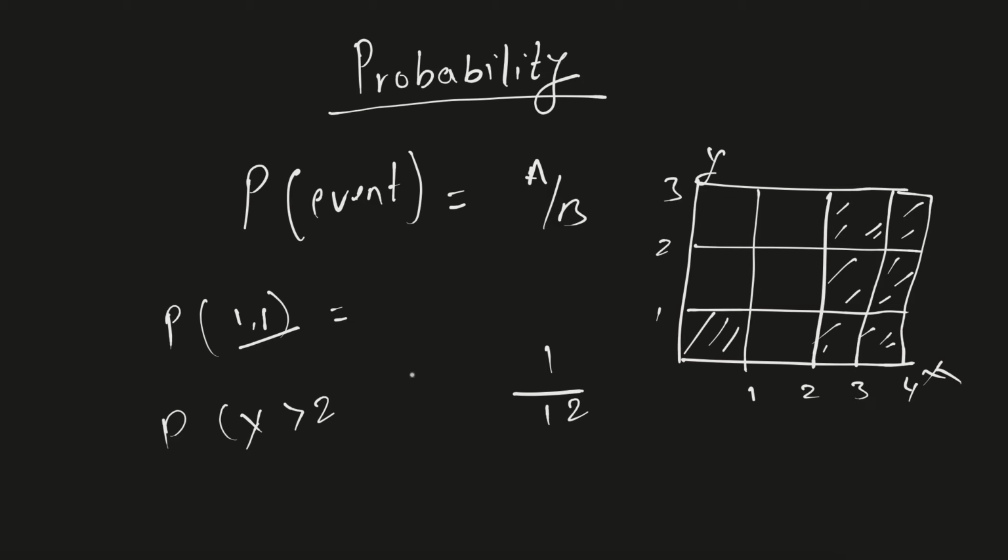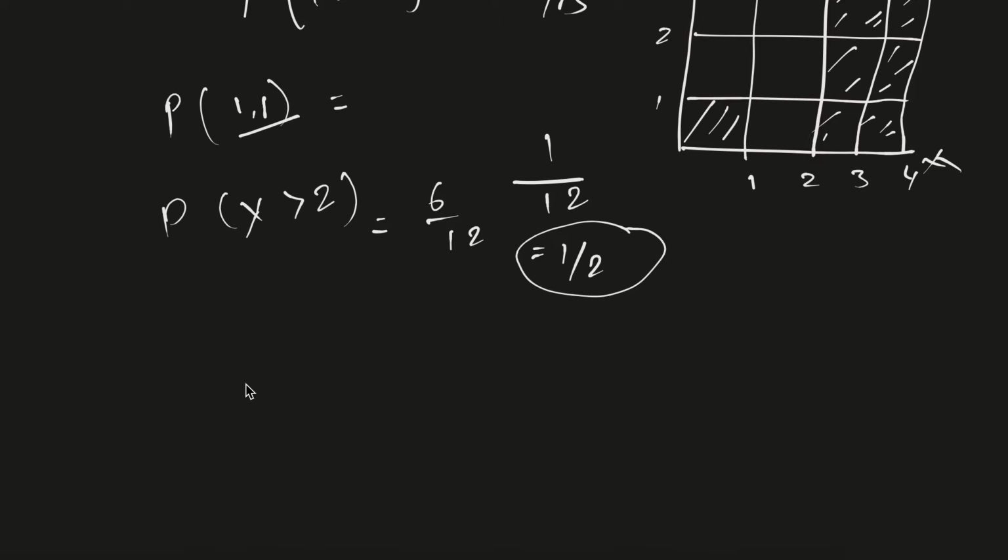That means probability that x is greater than 2 is going to be equal to this whole over all of them. All of them is total 12, we know that. Now this one here is 6, so x greater than 2 is 6 of them. 6 over 12. Well, turns out it's exactly half. Now let's move on.